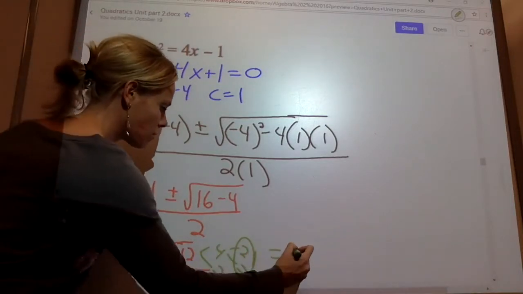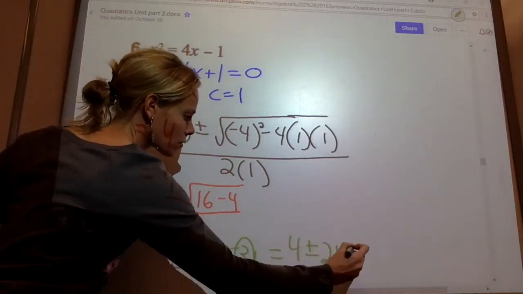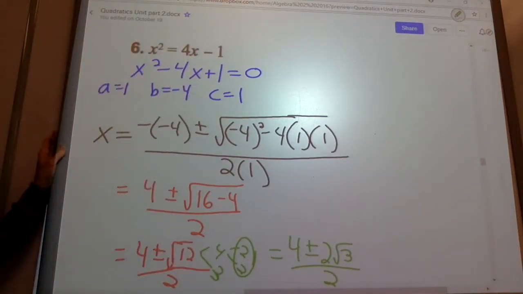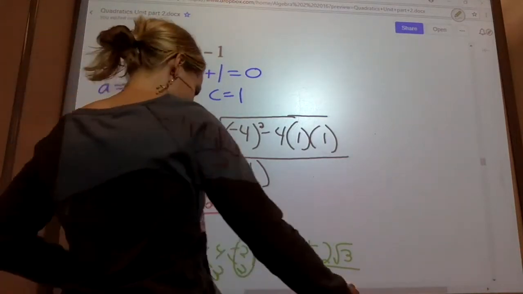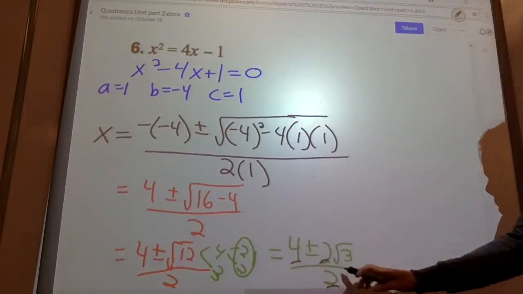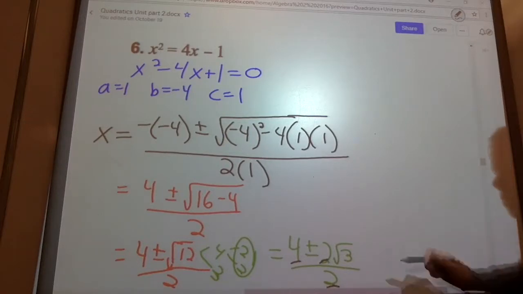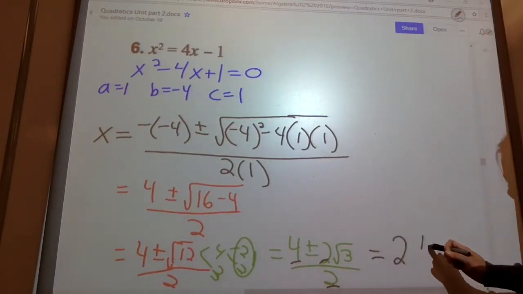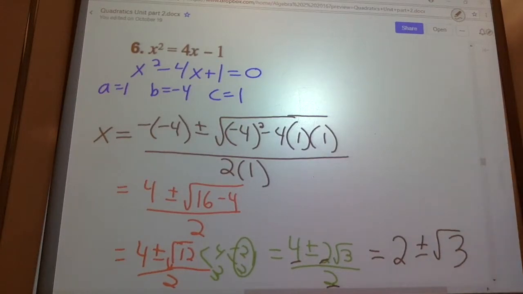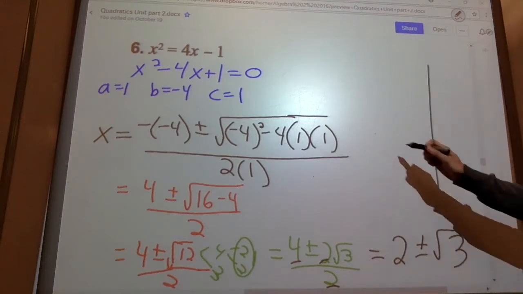So it's 4 plus or minus 2 root 3 over 2, which would still get a point off. Why? Because it's not simplified still, because look at 4, 2, and 2. What can I take out of all those numbers? A 2. So it finally would simplify into something like this. And again, what does that mean?